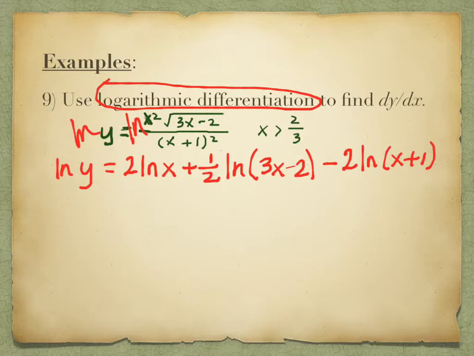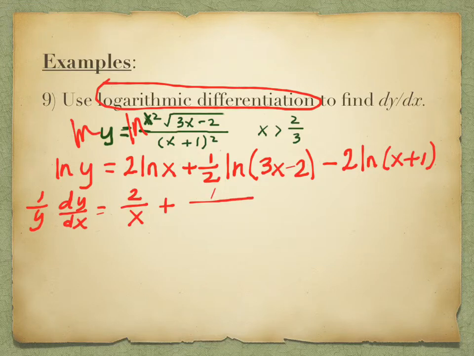All right, so as I'm taking a look at this now, and only now, am I finally ready to take a derivative. So the derivative of the natural log of y is 1 over y, just like on the last problem, and then it's times dy/dx. On the right-hand side, this will be 2 over x, because it's 2 times 1 over x. On this one we're going to have 1 over 2, because that's the 1/2.